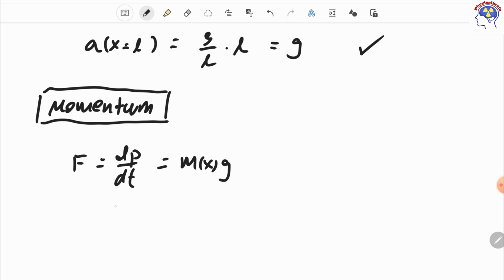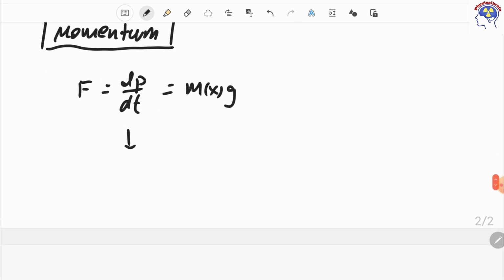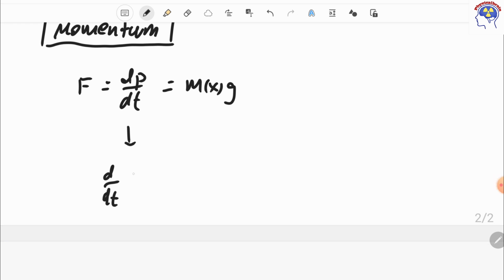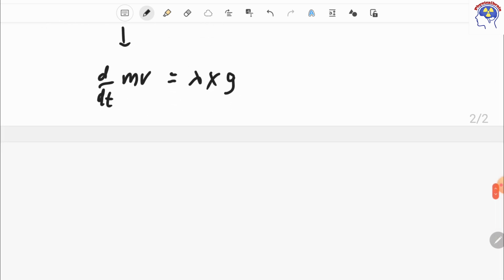And then we can say this side becomes d/dt of mv equals lambda x times g. Now, the derivative of mv equals m times the derivative of v, because the mass of the chain, the total mass, is constant.